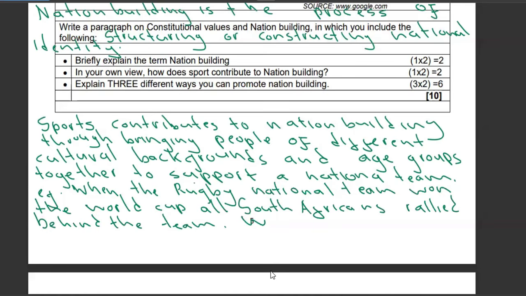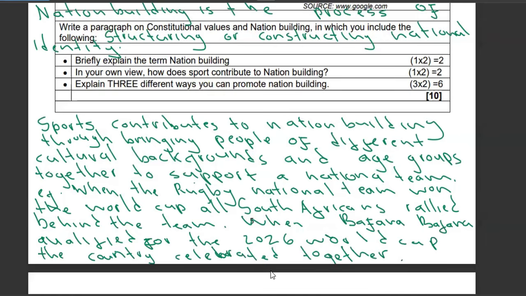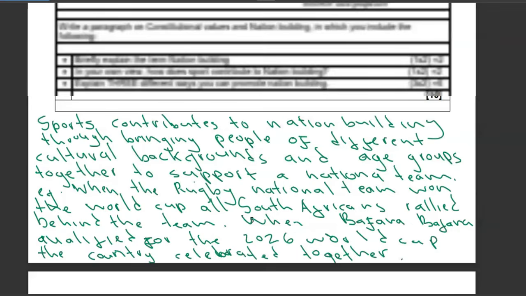Also, when Bafana qualified for the 2026 World Cup, the country celebrated together. So that is how sports can build the nation.